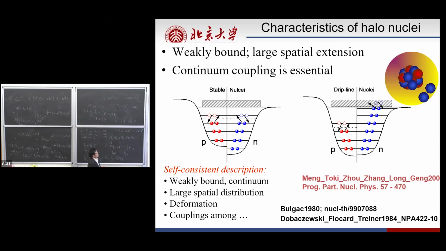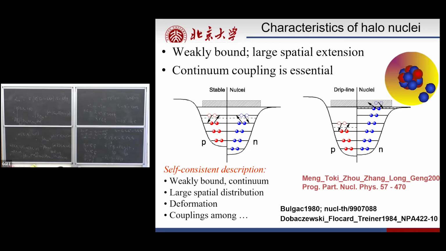First of all, these nuclei are weakly bound, because they are far away from the stability line, they are extremely unstable, so they are very weakly bound. And because they are large in size, they have larger spatial extensions.